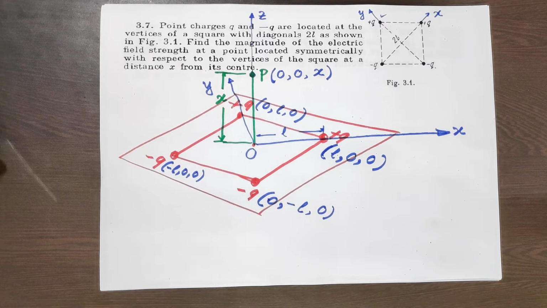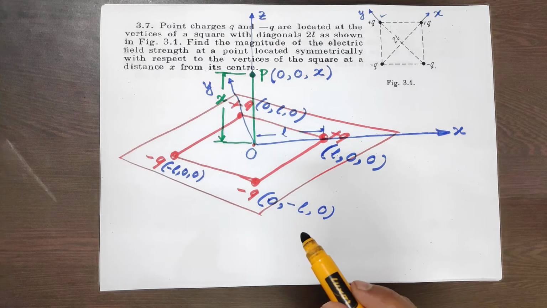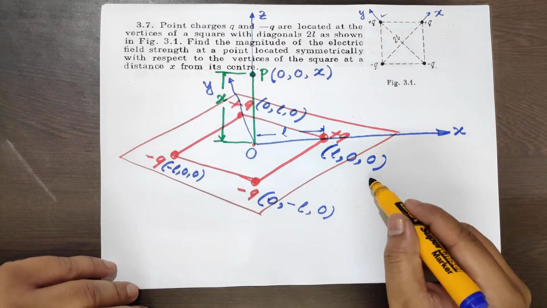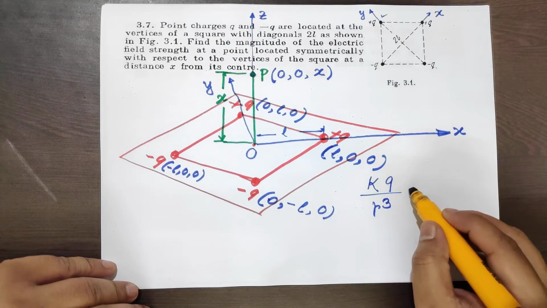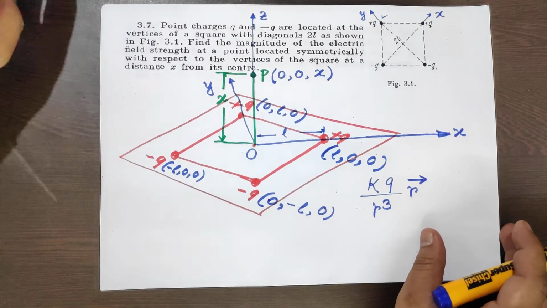If you have to find the field at point P due to a certain charge, say Q, the vector form of Coulomb's law is kq by r cube multiplied by the r vector. This is the vector form of Coulomb's law.